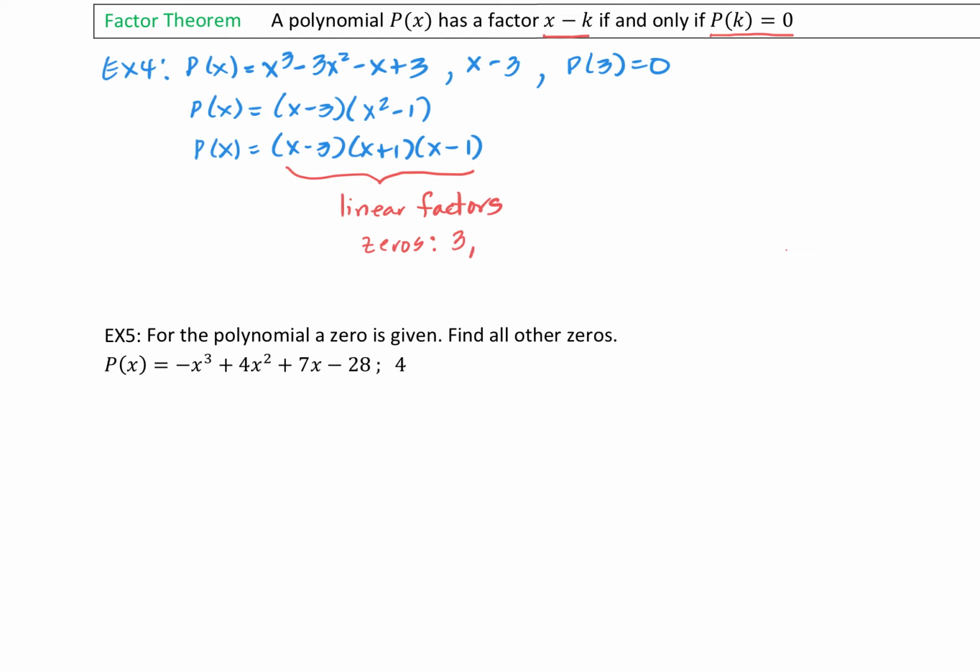If you look at the x plus 1 and you put in negative 1 for x, that becomes 0. 0 times all the rest of the stuff is going to be 0. And if you look at the x minus 1 and you put in 1 for x, then that would be your third 0. So if it's a factor, it gives you the zeros. And again, these zeros are going to be our x-intercepts.